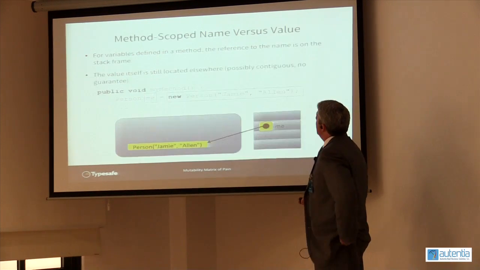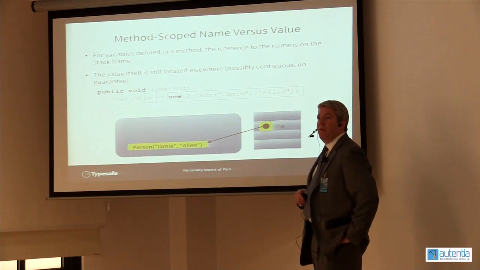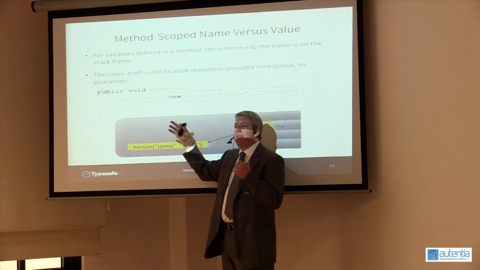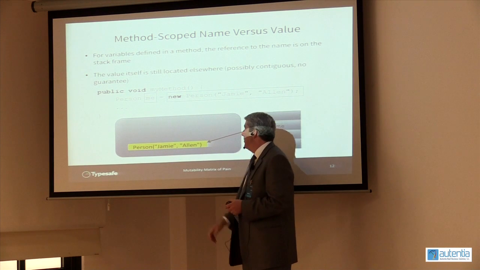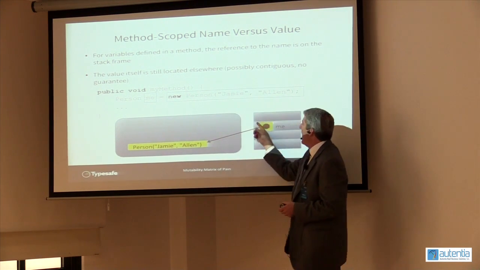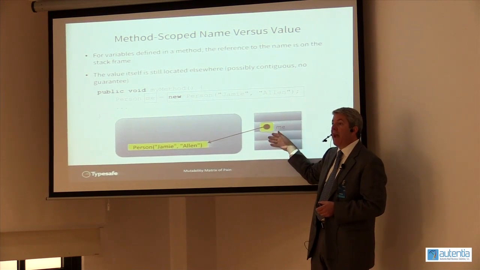Okay. Well, we could use a method scoped variable, and by that I mean we have a public void my method, just some method, it doesn't matter what it is, but inside of the method I define a variable. And I still have my name and I have my value, but the name pointer does not live in the heap, it lives inside of a stack frame.